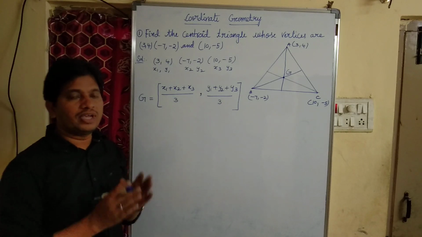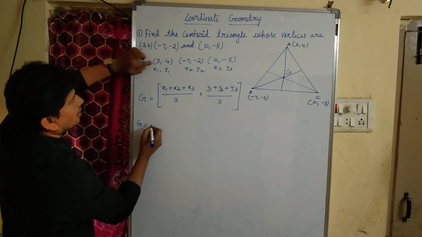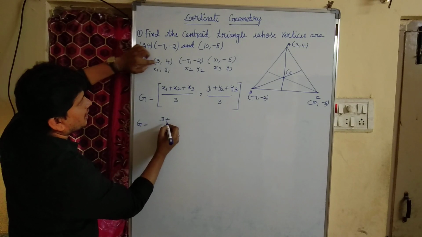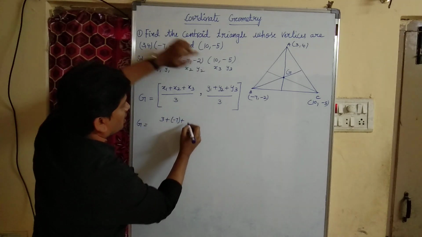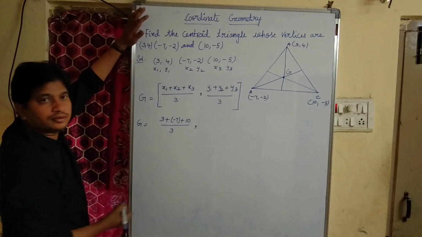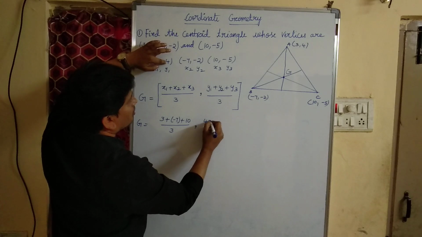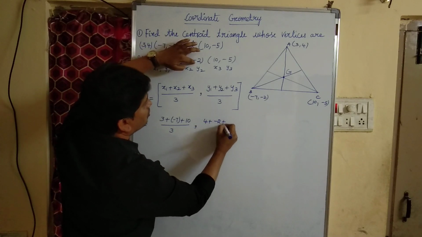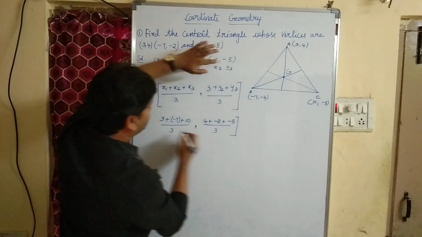So simple, we have to substitute. x1 is 3 plus x2 is -7 plus x3 is 10 divided by 3, comma, y1 is 4, y2 is -2 and y3 is -5 divided by 3.